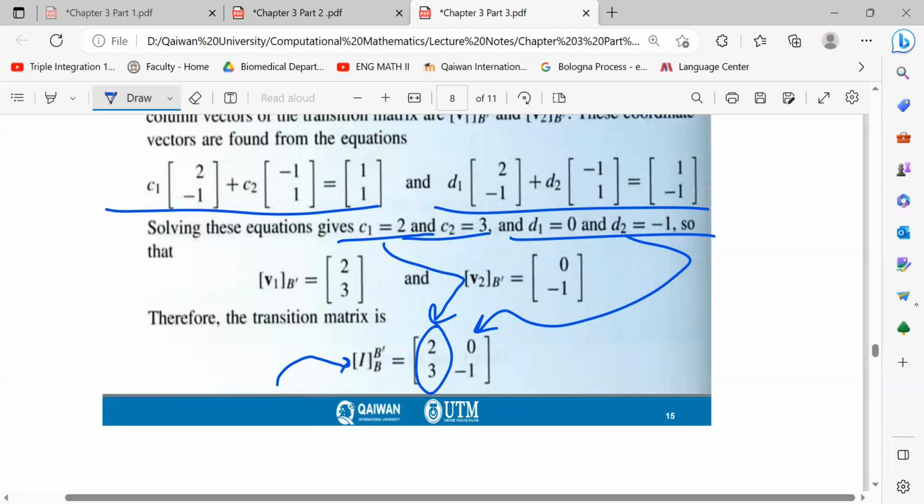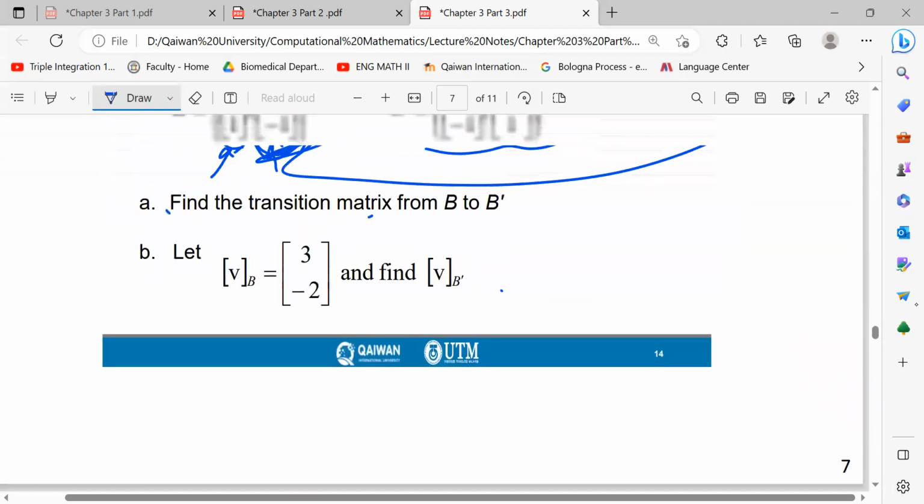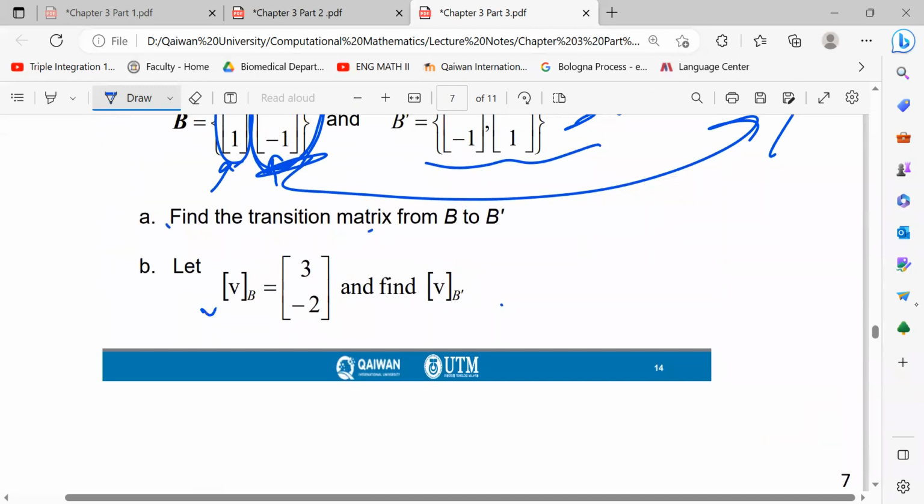Okay, that's it. Then it says, let VB equal 2 and -2. Find VB dash. Here it says the coordinates of V relative to B is this. So what's the coordinates of V relative to B dash?